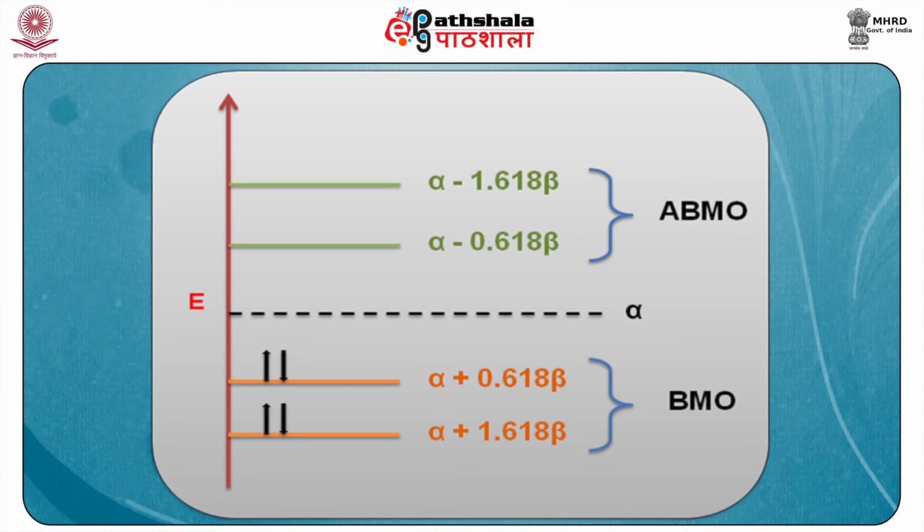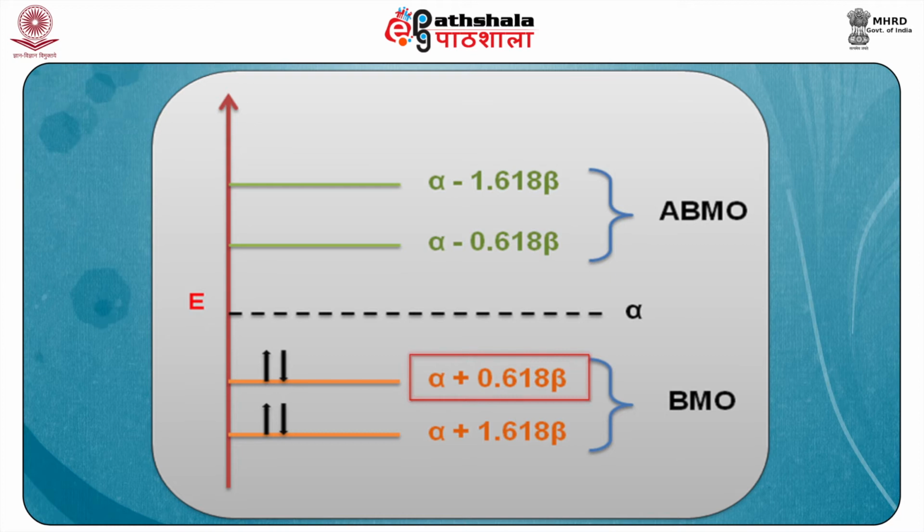You see here that we have at the bottom an orbital which has corresponding energy equal to alpha plus 1.618 beta. This is the bonding molecular orbital energy. Then next is alpha plus 0.618 beta.